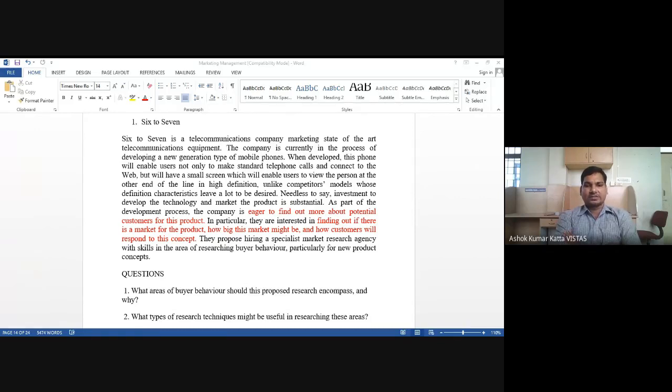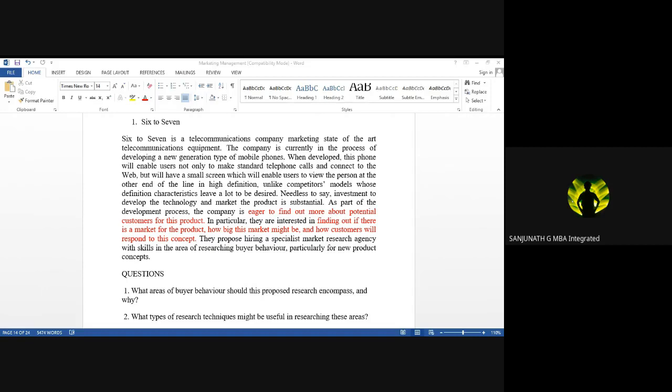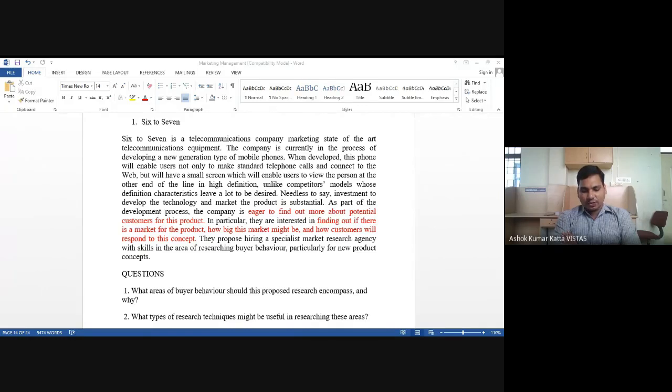Some urban states, sir, because they are developed people, so they will use toothpaste. In villages, there is one problem because my company is a new company, so I don't have any strong distribution channel or network. So where can I sell my products, how will I know which particular state I can sell my products initially?